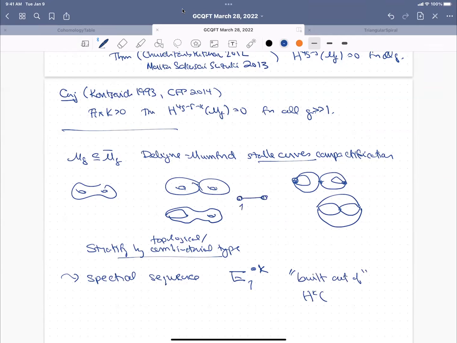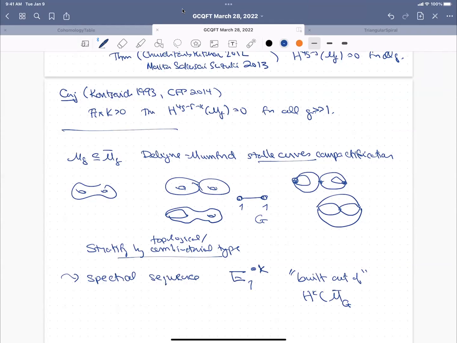The topological type corresponds to some dual graph, so call that G, and you could look at M_G, the moduli space of stable curves with dual graph G, and you could take its closure.